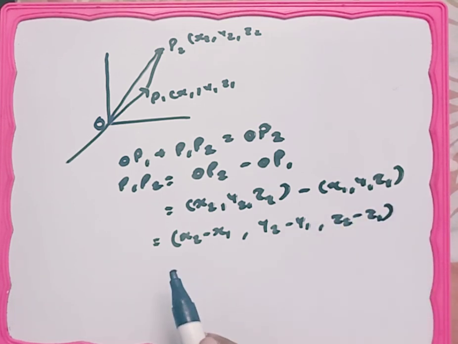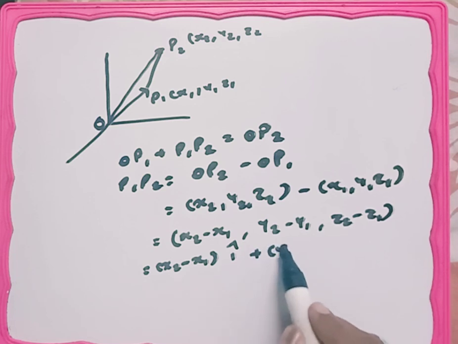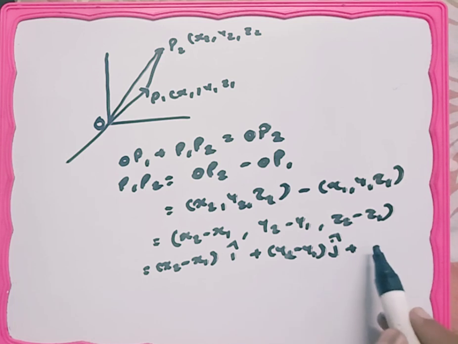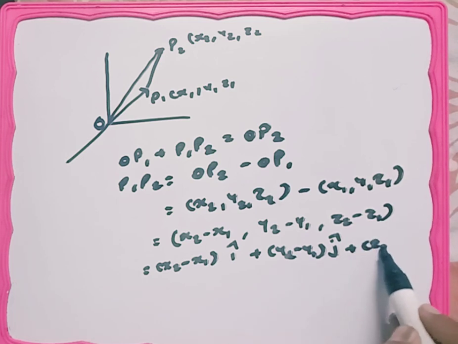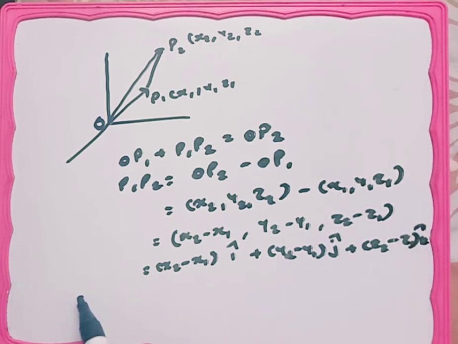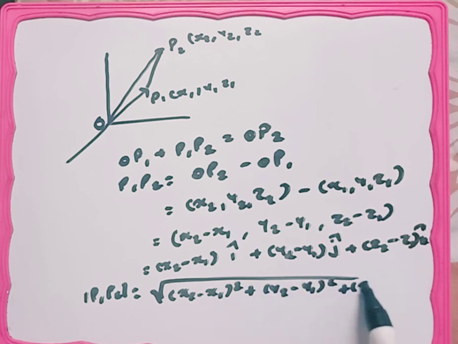In vector form we write (x2 minus x1) i cap plus (y2 minus y1) j cap plus (z2 minus z1) k cap, and its magnitude P1P2 will be under root (x2 minus x1) square plus (y2 minus y1) square plus (z2 minus z1) square.